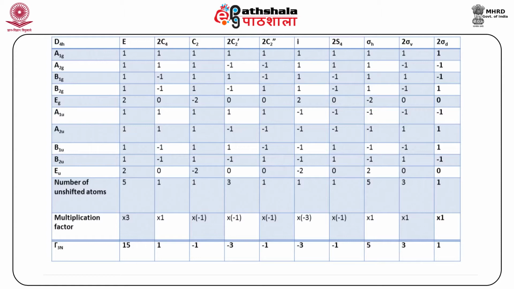So, I am now having the figures 5 1 1 3 1 1 1 5 3 1, and after the multiplication factor corresponding to the symmetry operations, we have tau reducible as 15 1 minus 1 minus 3 minus 1 minus 3 minus 1 5 3 and 1.